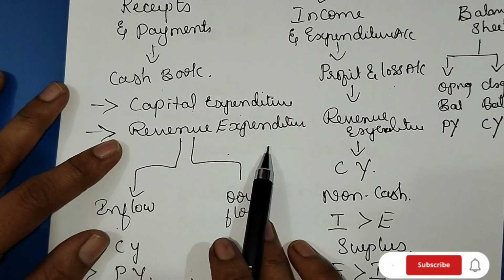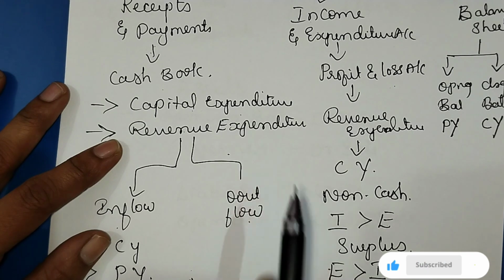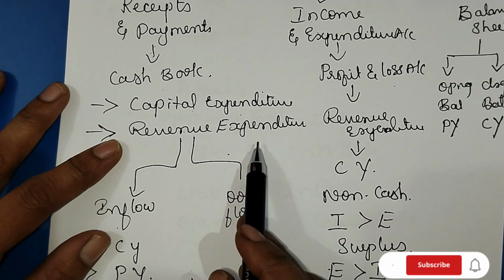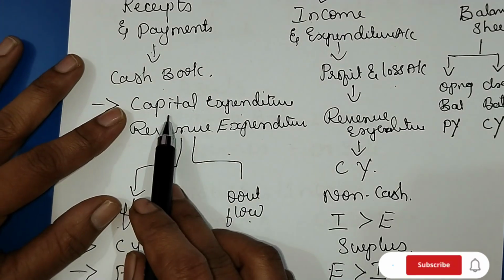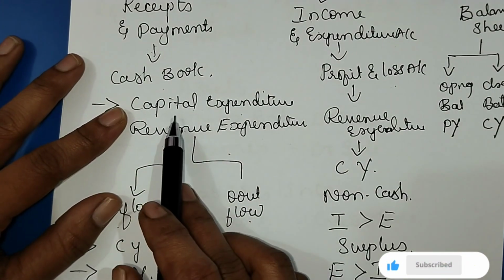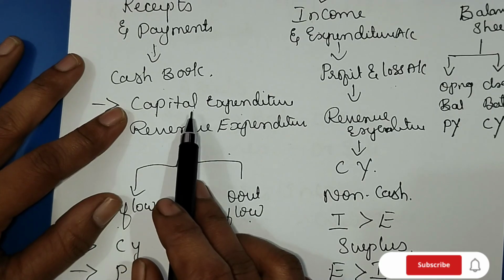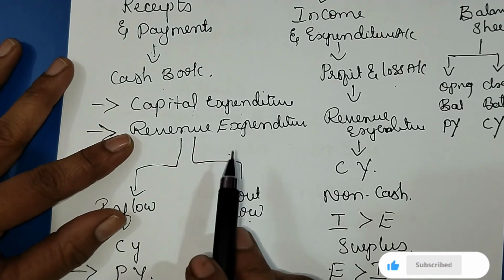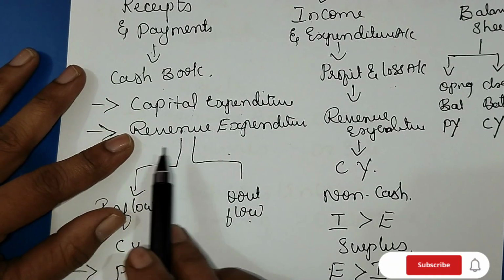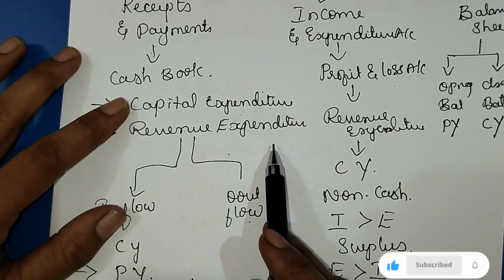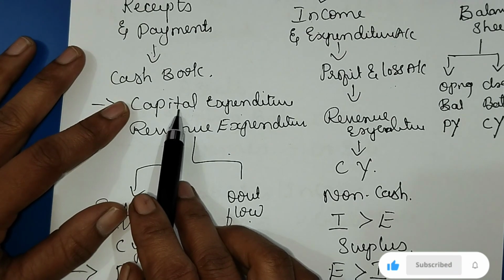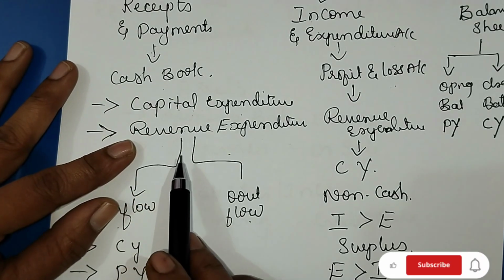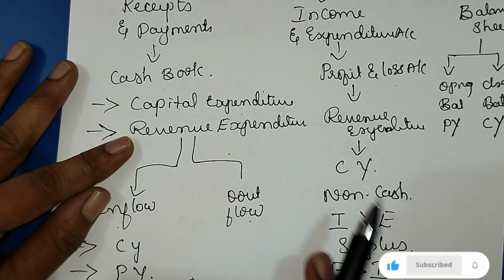And revenue expenditure is to generate revenue; short-term expenses we are meeting are called revenue expenditure. If you expand a room, it is called capital expenditure. And if you paint the same building, that is called revenue expenditure. Or if you purchase a new vehicle, it is capital expenditure. If you repair the vehicle, it is called revenue expenditure.